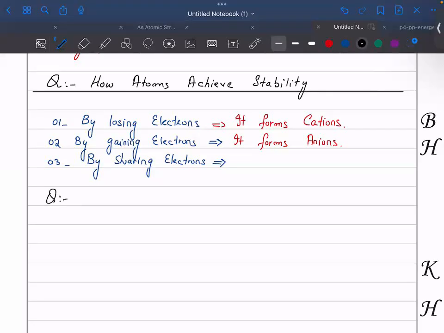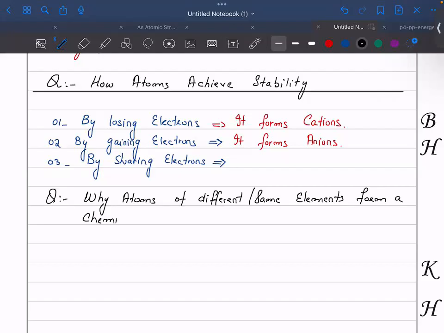So if they ask you why, actually they won't ask you, just for your understanding, why atoms of different or same elements form a chemical bond. It is to achieve stability.